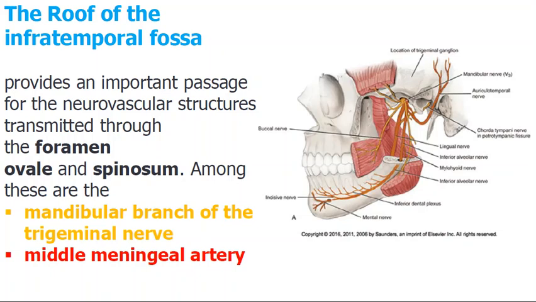So these are two structures that pass in or out: through the foramen ovale, the mandibular nerve of the trigeminal, and the foramen spinosum is the way of entrance into the cranium for the middle meningeal artery.